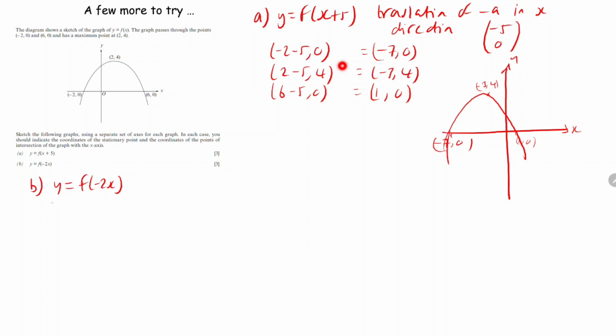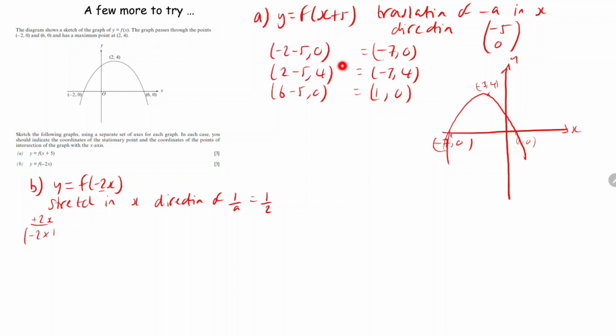So the first thing to think about here is the 2 is going to be a stretch in the x direction of 1 over a, which in this case is equal to 1 over 2. So that's going to multiply all the x coordinates by a half. So let's apply that one first. We're going to apply the 2x first, which is going to give us the following coordinates.